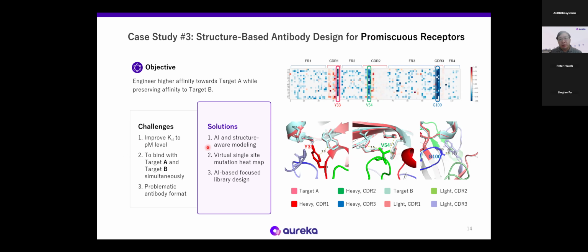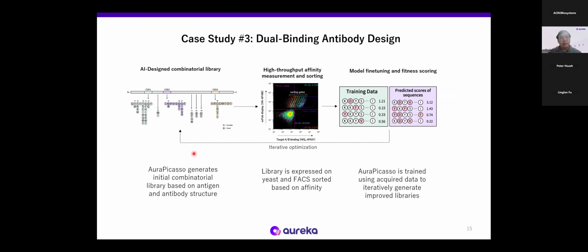Our solution is to incorporate our AI model and structure-aware modeling to generate a set of libraries that are already de-risked, and we can use our autonomous affinity maturation models to push it forward, verifying what is a good binder and a bad binder, and then further testing it. So the design looks like this.